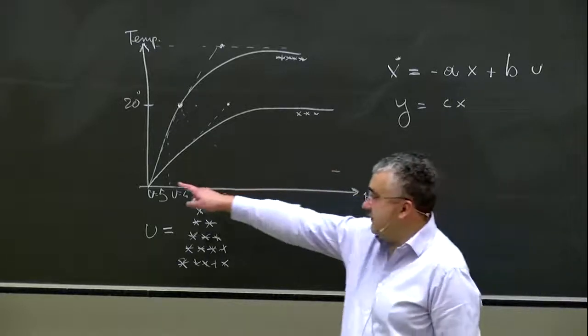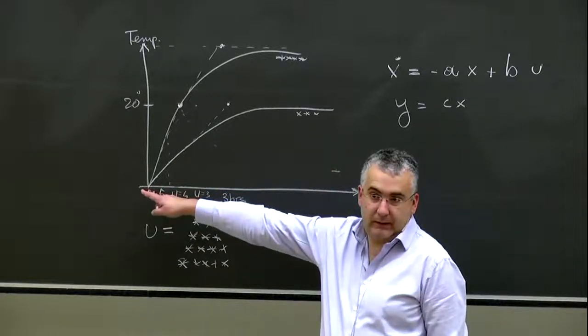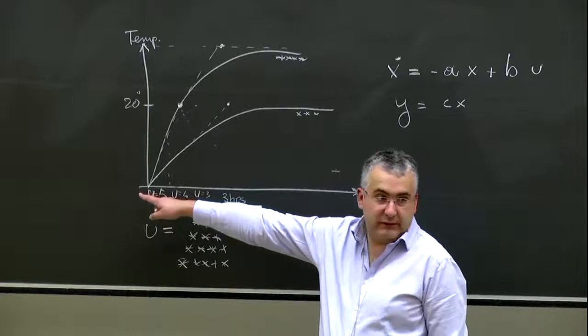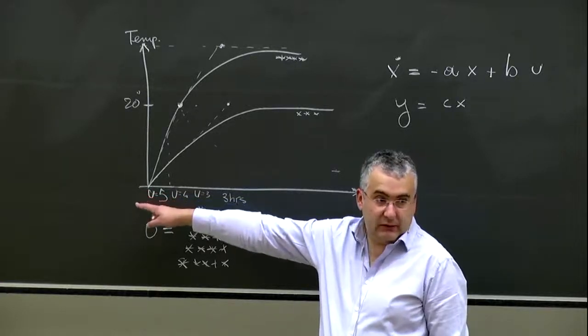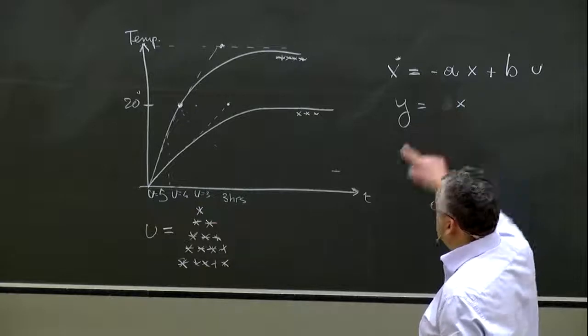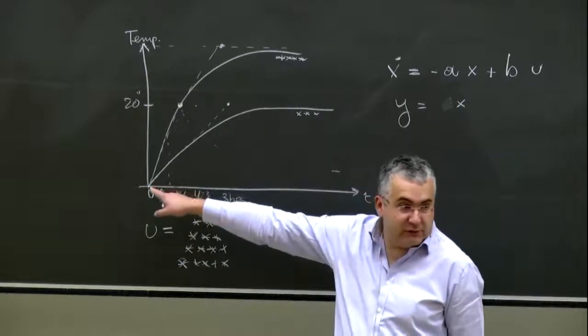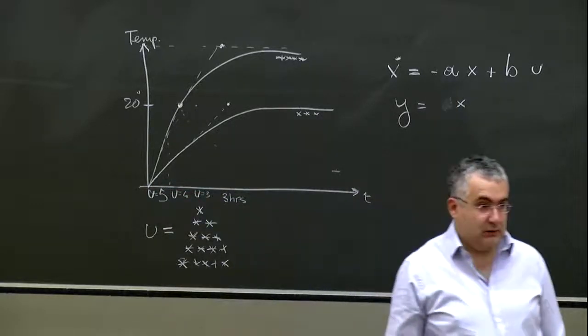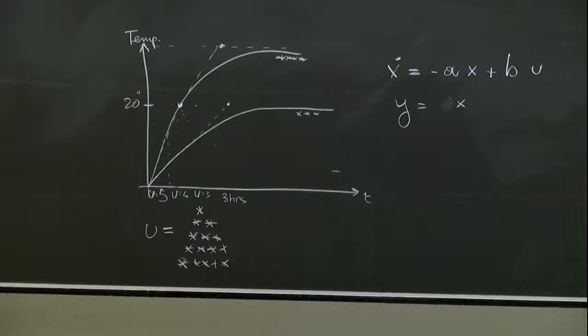What is the derivative at this point? The derivative at this point is exactly A, right? Assuming that C is equal to 1. And the derivative will be 1/3, right?